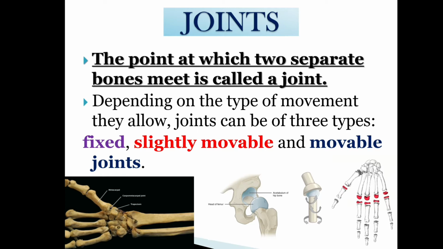Depending on the type of movement they allow, joints can be of three types: fixed, slightly movable, and movable joints.